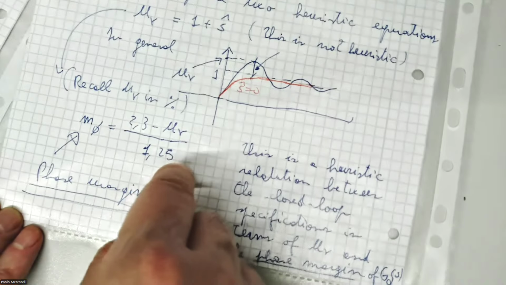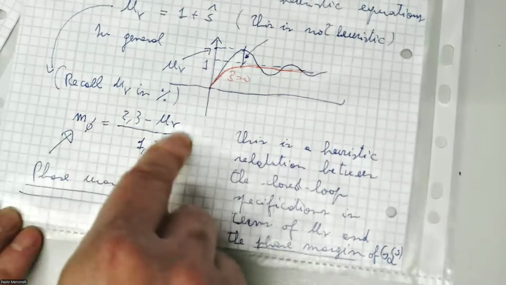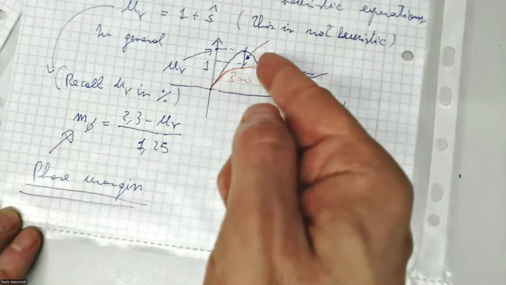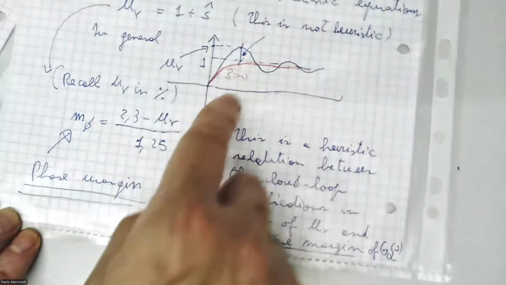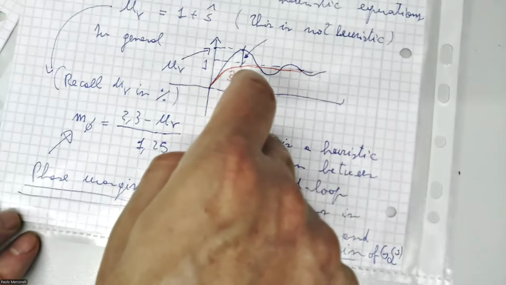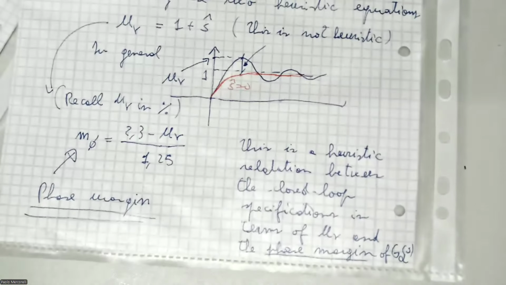To explain this, I need to show you some mathematical aspects, but believe me, we need that because we need to transfer specifications in time, which is our goal, and specifications in frequency in order to use the Bode diagram.